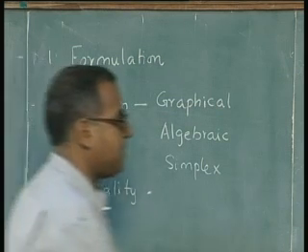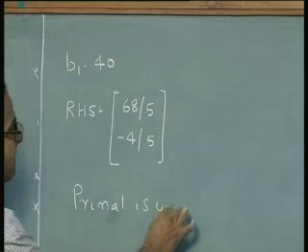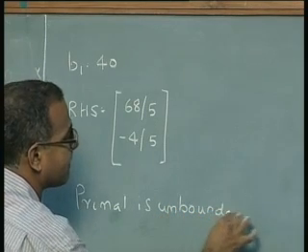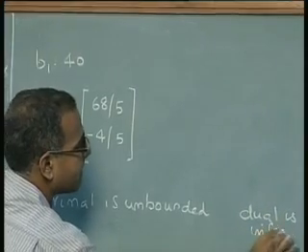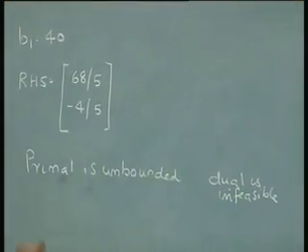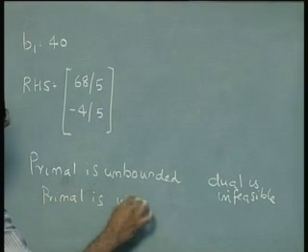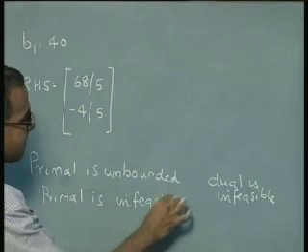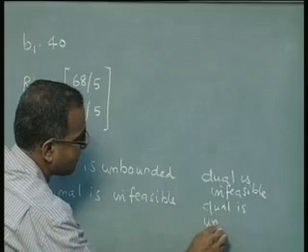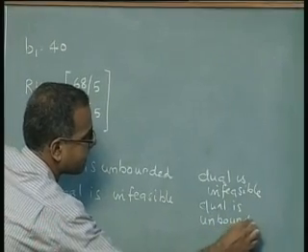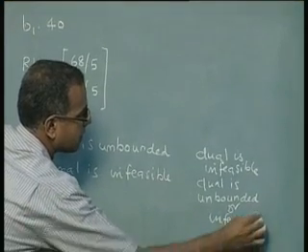For example, if the primal maximization problem is unbounded, then the dual is infeasible, and if the primal is infeasible, then the dual is unbounded or infeasible.